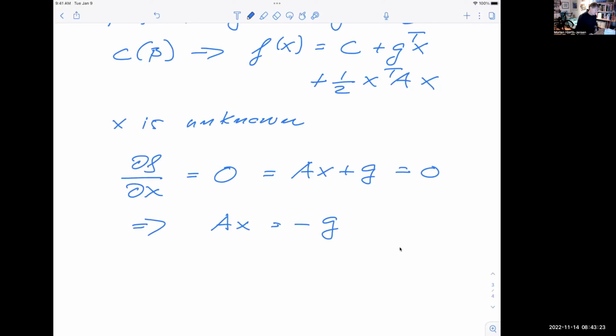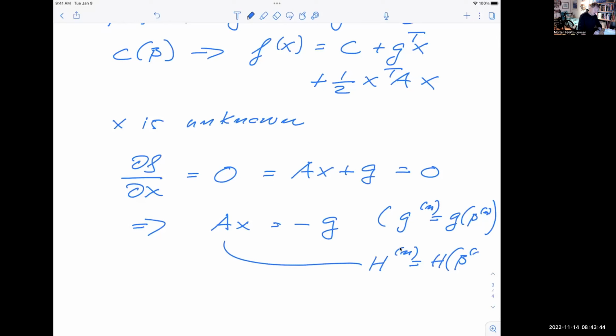And in our case, g depends on the gradient at a given iteration. So in our case, g of n is actually g calculated at beta of n. This quantity here is the Hessian matrix calculated for a value of beta of n, that's the previous iteration.